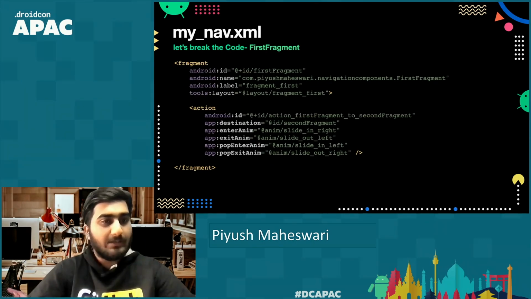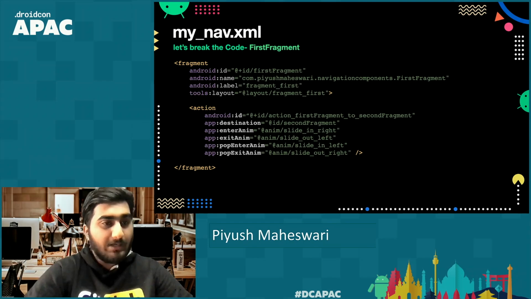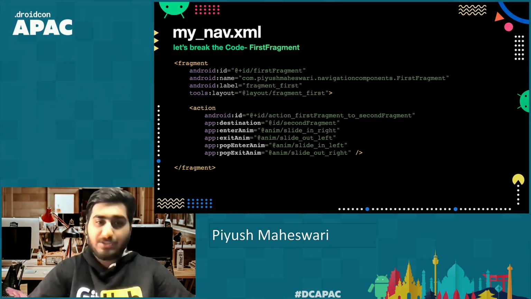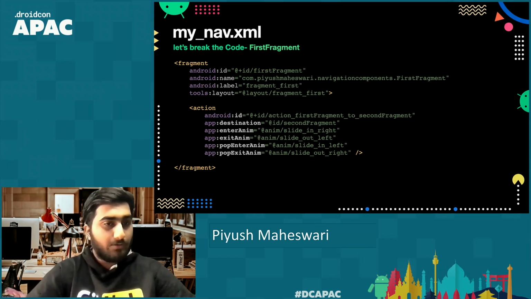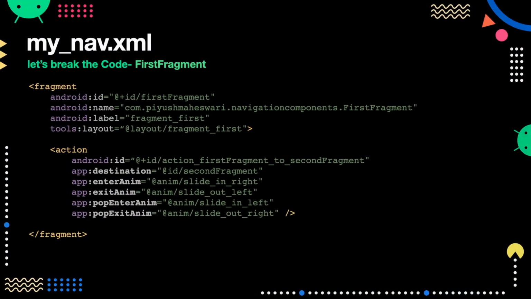So for the first fragment, it will be the same for the second fragment too. For the first fragment, we can see that there's the fragment one, and then there's this action tag, which has an ID, which is the action ID with which we'll refer to this action. Then there's destination, which will have the ID of the destination in which we are going. Then there's enter anim, exit anim, pop enter anim, pop exit anim.